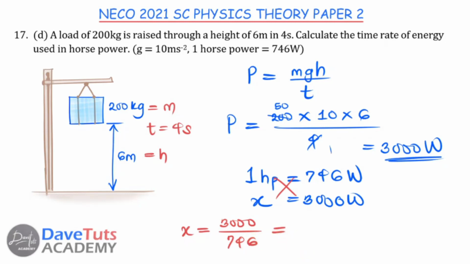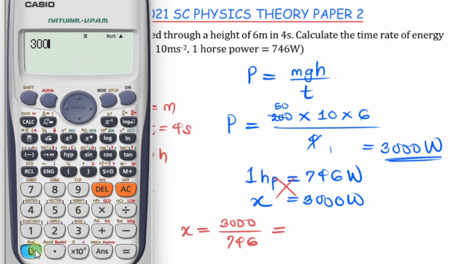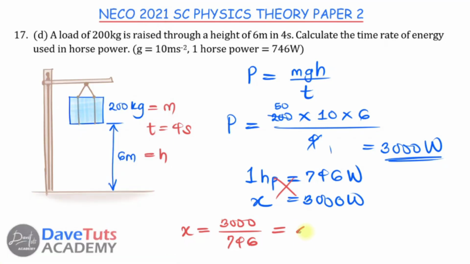We can use our calculator to evaluate that. This is 4.02. So this is nothing but 4.02 horsepower as the time rate of energy of this particular system.